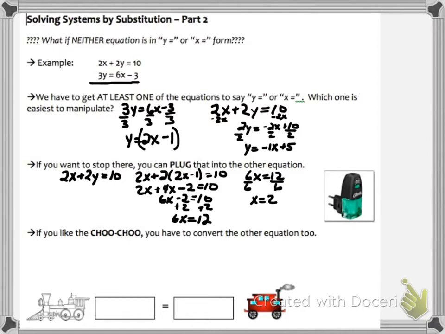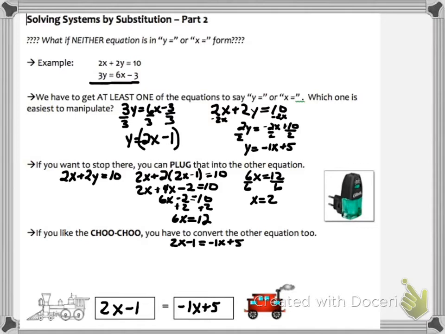In this case, now that I have two equations that both say y equals, I could use the substitution method to get 2x minus 1 equals negative 1x plus 5. Now I'm going to solve this, and what I should still get is that x equals 2. So let's rewrite here. I'm going to use the space above, and we're going to get 2x minus 1 equals negative 1x plus 5.